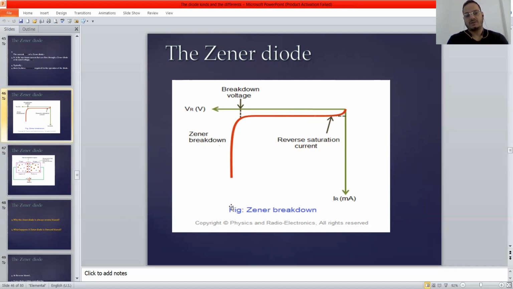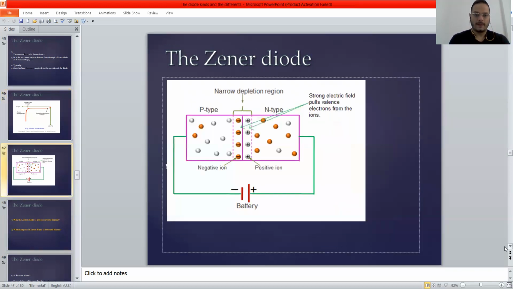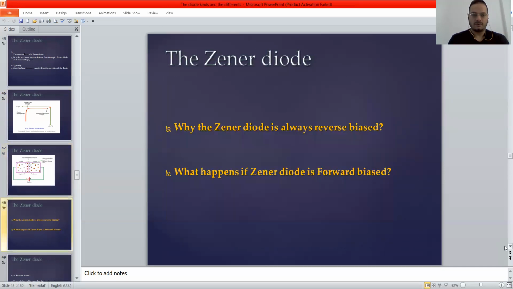After this point, the current will go negatively toward this side. Here is the narrow depletion region, here at reverse bias, as we're seeing. Why is the Zener diode always reverse biased?